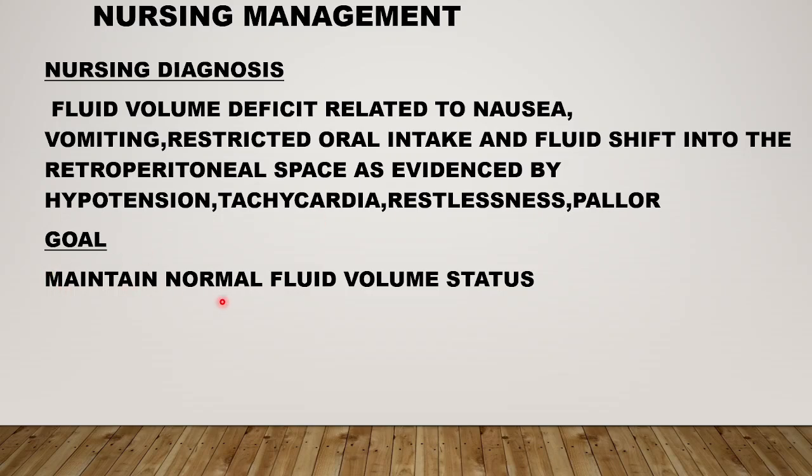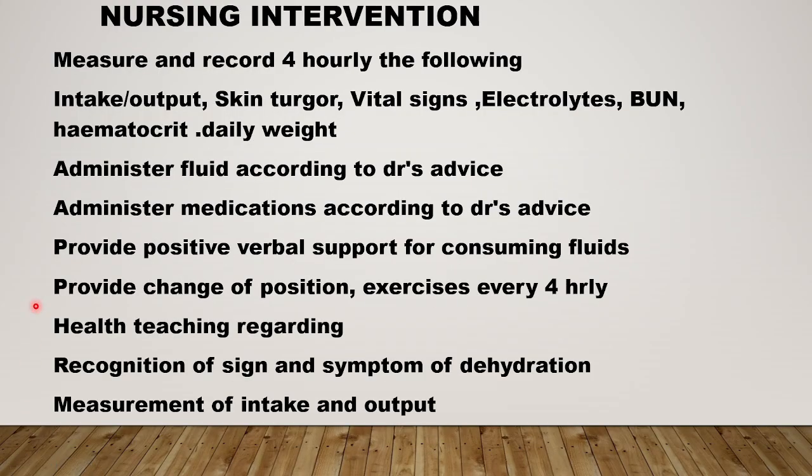Goal: maintain normal fluid volume status. Which will be our nursing interventions? Measure and record four hourly the following: what? Intake output chart, skin turgor, vital signs, electrolytes, BUN, hematocrit, and daily weight.